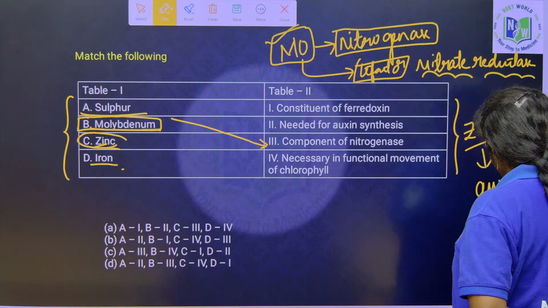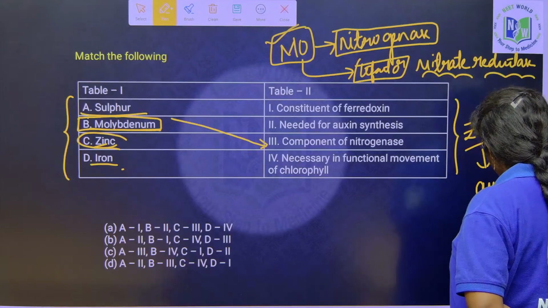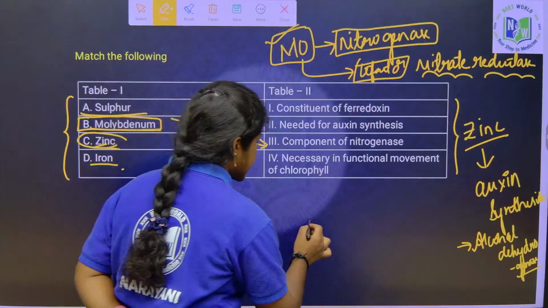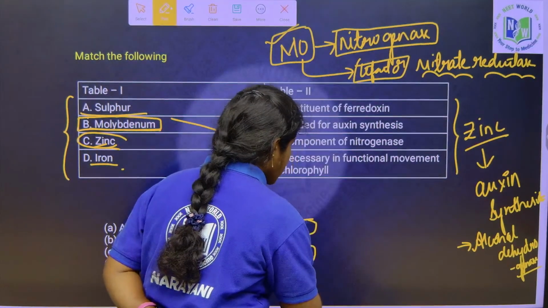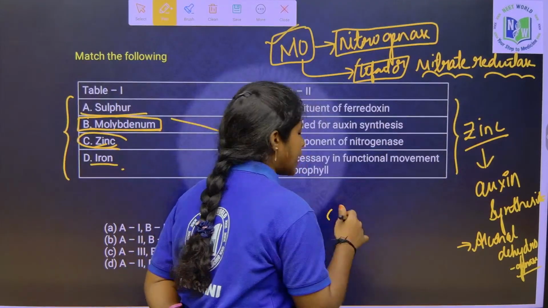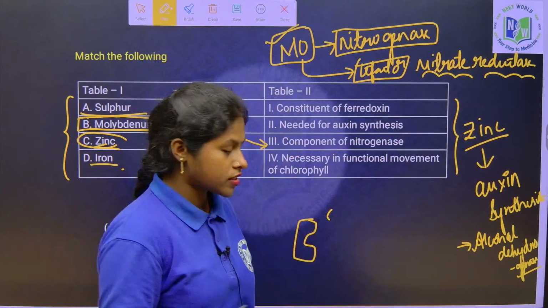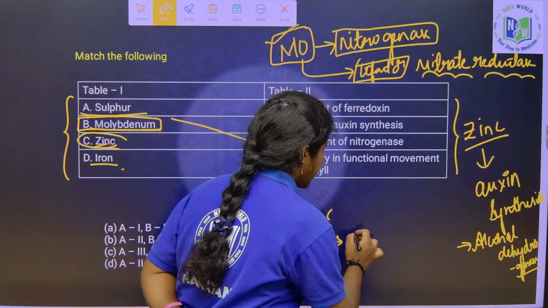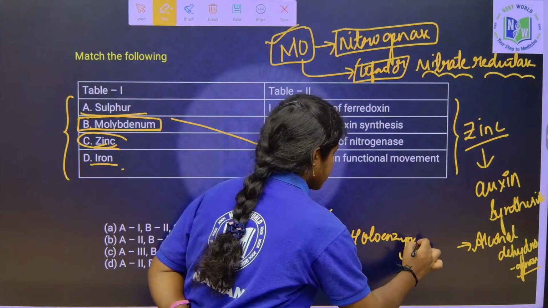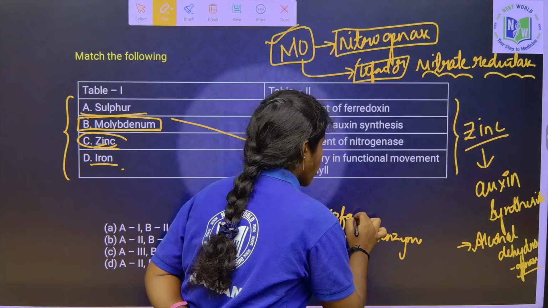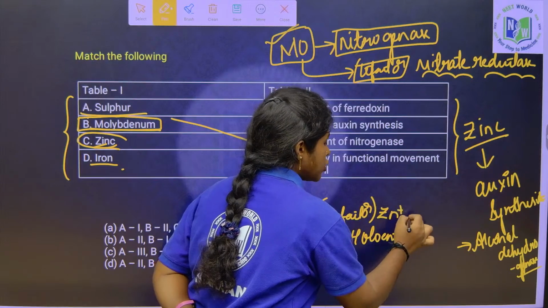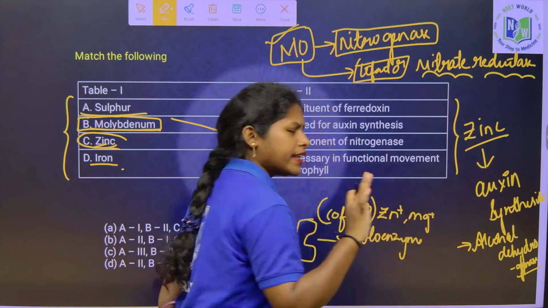When we learn about the enzymes chapter, you come to know about it, students. If it is an enzyme, then without cofactors, which means the mineral elements acting as cofactors, it cannot be active. Only with the cofactor is it called a holoenzyme. These cofactors are zinc, Mg2+, or any of them.